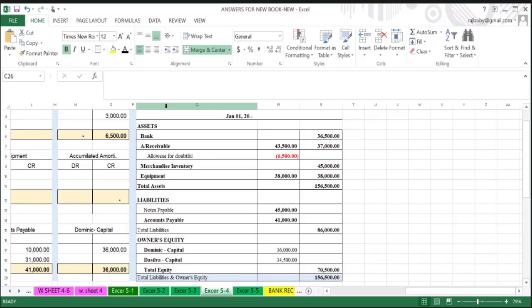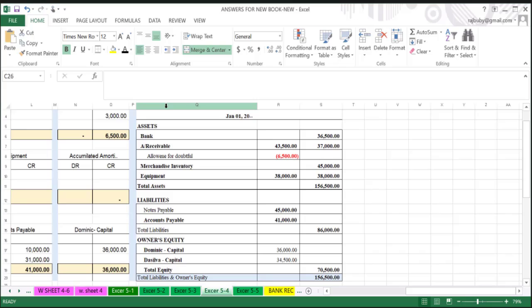Liquidation of a partnership. The liquidation of a partnership ends the business. It involves selling the assets of the business, paying liabilities, and distributing any remaining assets to the partners. Liquidation may result from the sale of the business by mutual agreement of the partners or from bankruptcy.